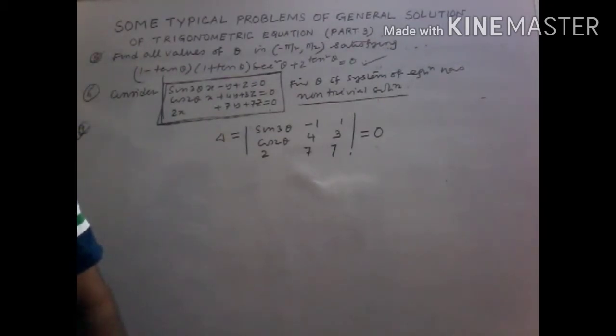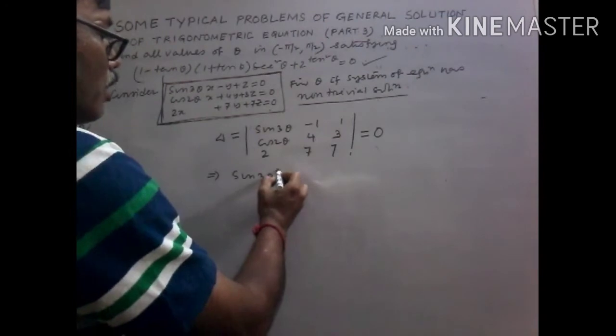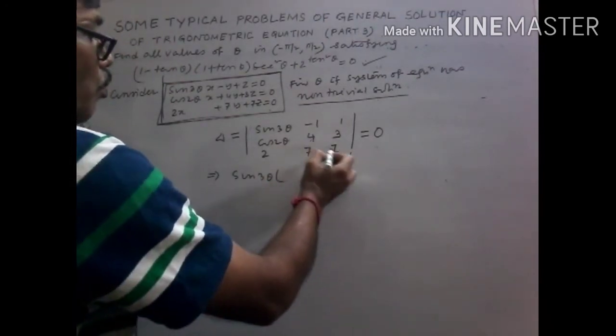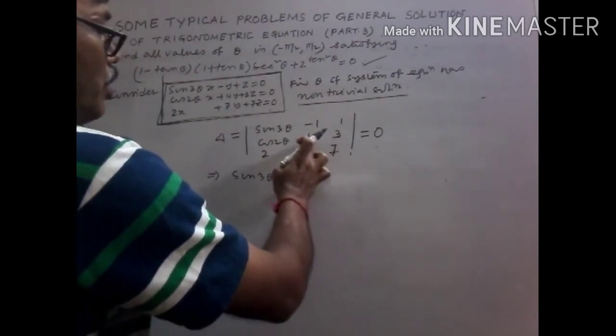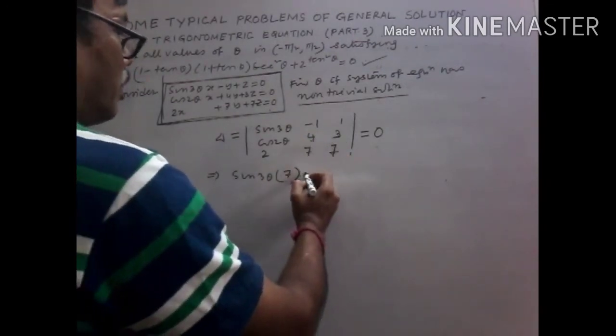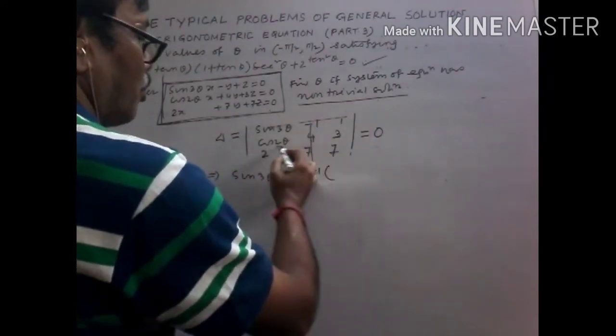So expanding, sin 3 theta times (28 minus 21), which is 7. This is minus minus plus.